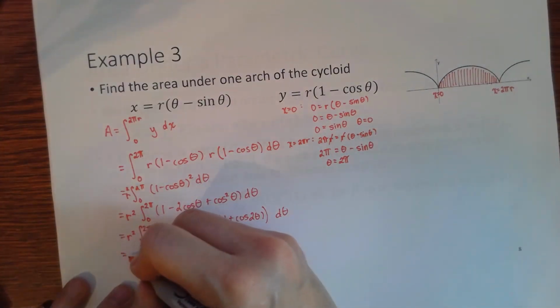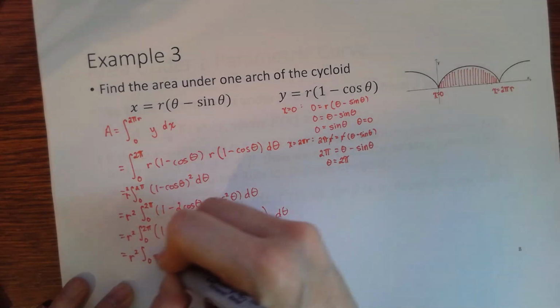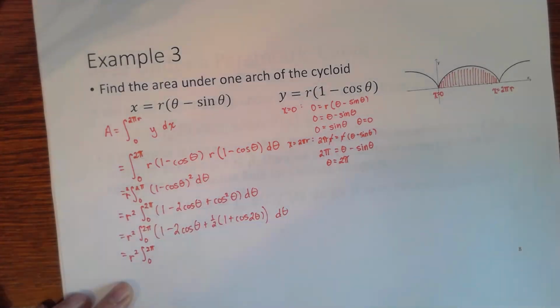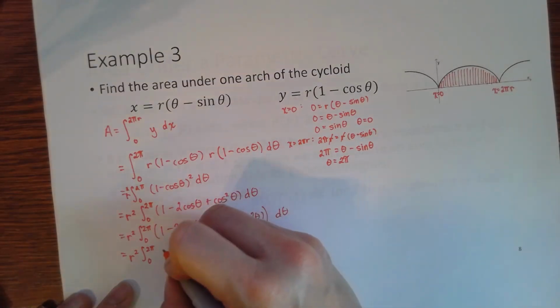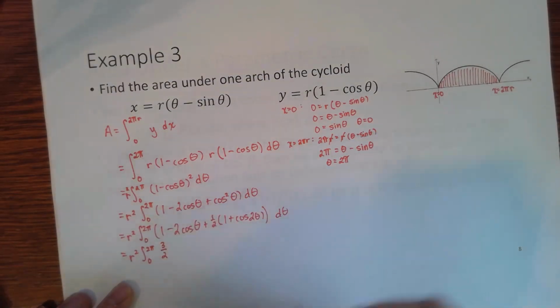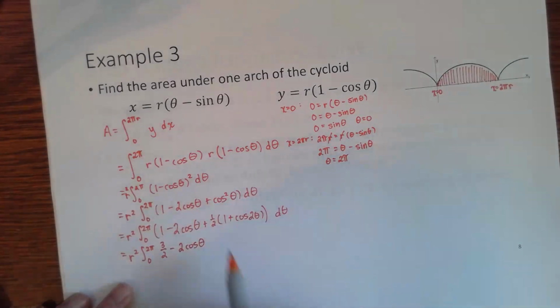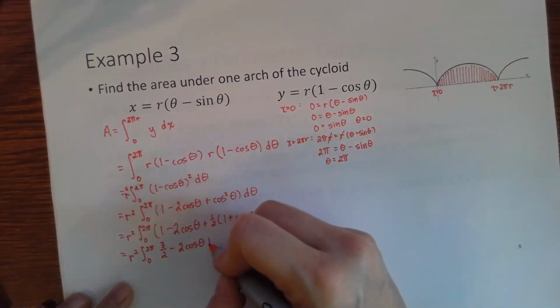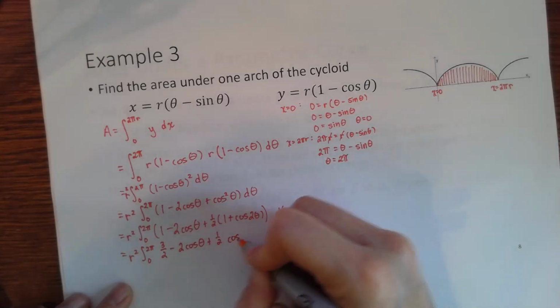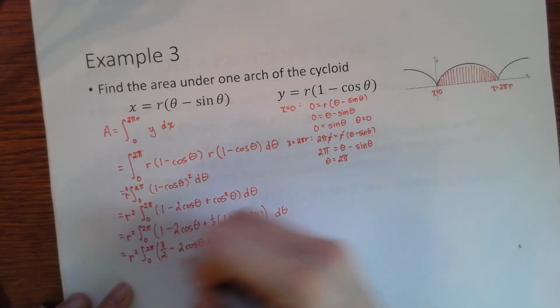Alright, and then if we simplify that before we actually do the integral, it'll make it easier. Okay, and so we're going to have a 1 and then plus a half, so that's going to be 3/2. Then we have the minus 2 cosine theta, and when we distribute this through, we'll have a 1/2 cosine 2 theta.